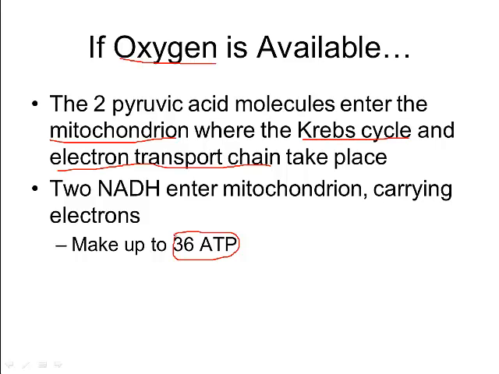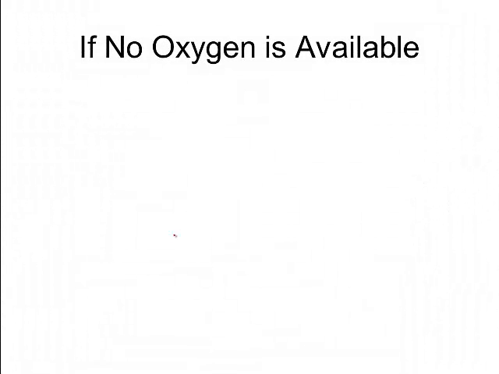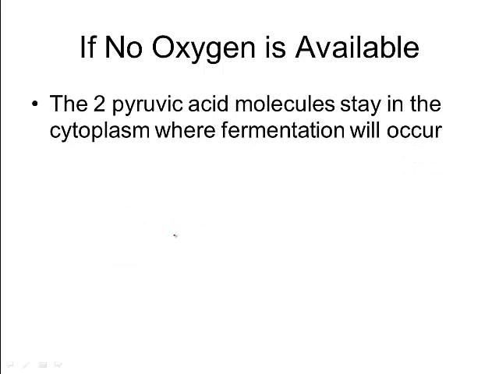That's really important because there are times when oxygen is not available, and cells have to come up with alternative ways of getting energy, and we're going to find that it's not nearly as efficient. So if no oxygen is available, the 2 pyruvic acid molecules are actually going to stay in the cytoplasm. They don't get to go into the mitochondria, and a different process called fermentation is going to happen.